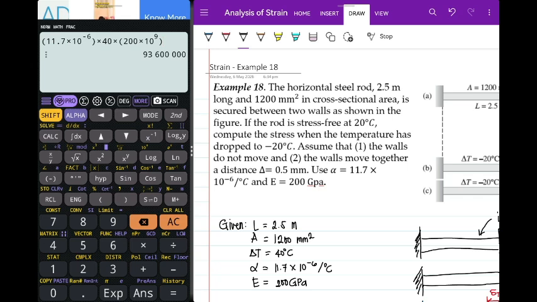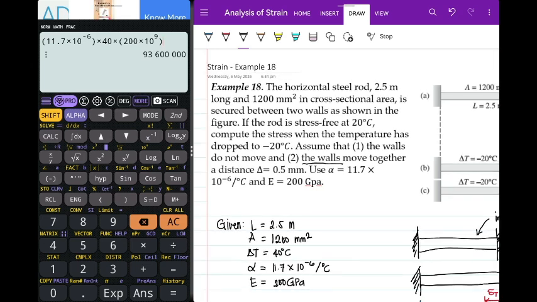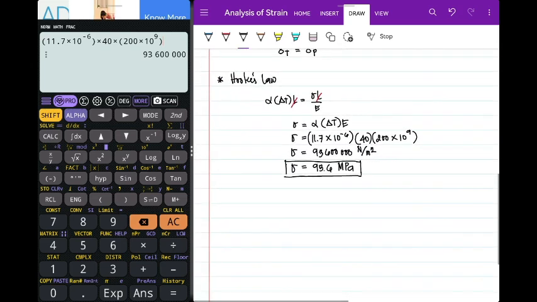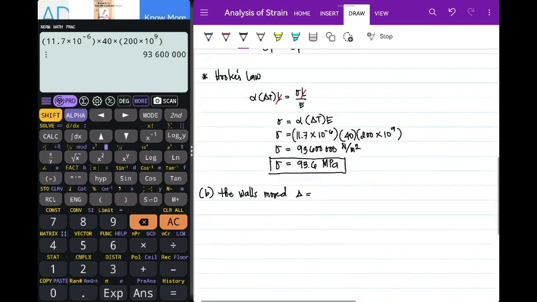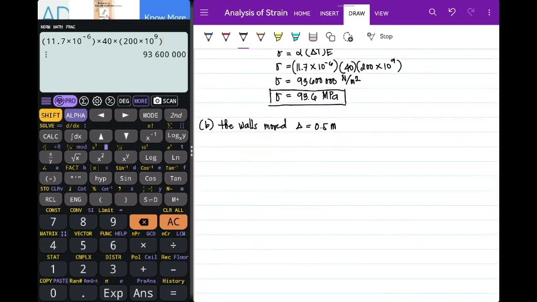Next, how about if the wall moved together a distance of 0.5 mm? As provided in the procedure, it is best that we do some sketching, so that it will help us in solving the problem. It can really help doing some sketches, some diagrams. Okay, that's the initial condition.